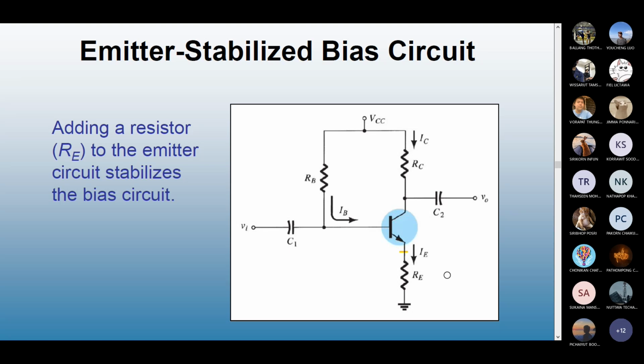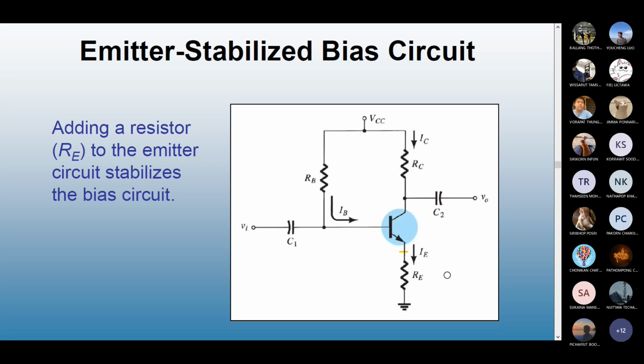What happens? I probably mentioned to you that beta is a parameter that changes with temperature, is temperature sensitive. Let's say your beta is 50, maybe because of changing temperature, it now became 90. What happens in that case?